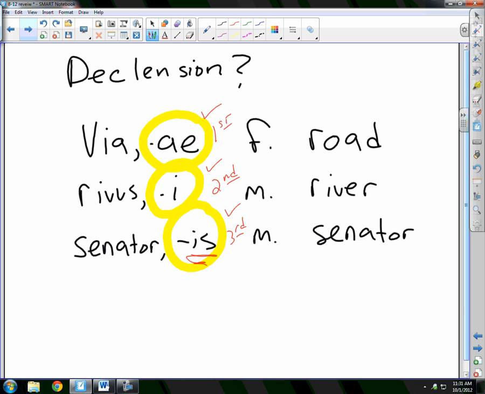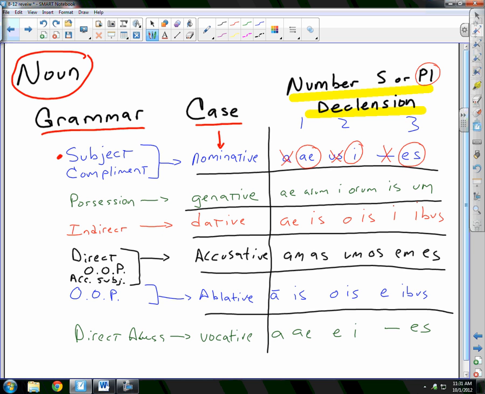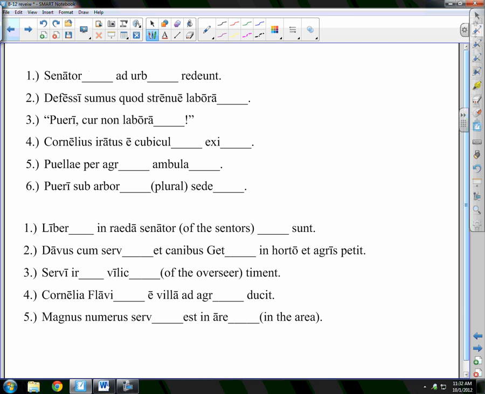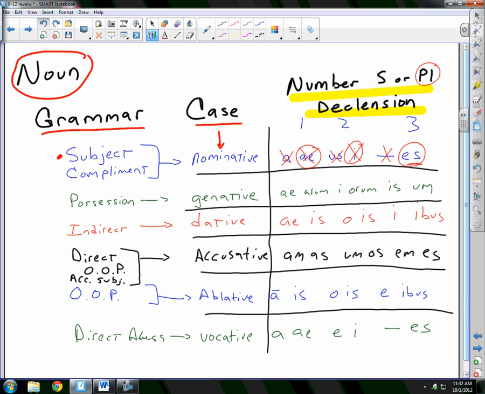That means it's third declension. So my third declension ending is ES. Right? It's right here, ES. I can eliminate the second declension. I can eliminate the first declension. So my answer for that first one is ES. And that's really all I have to do to determine what that is.